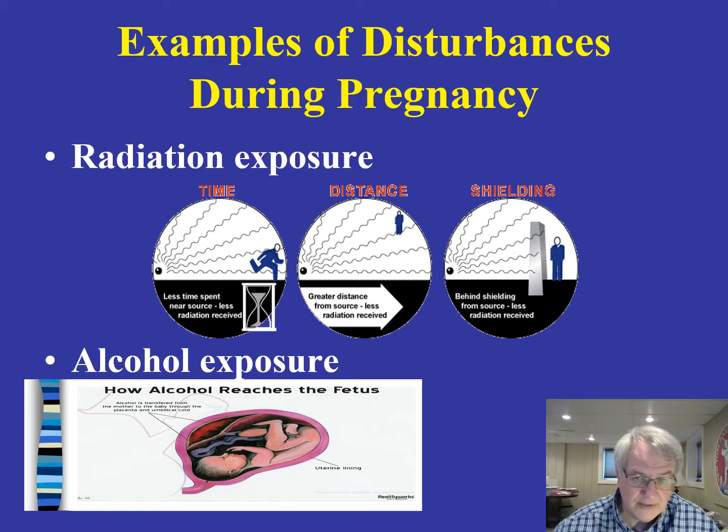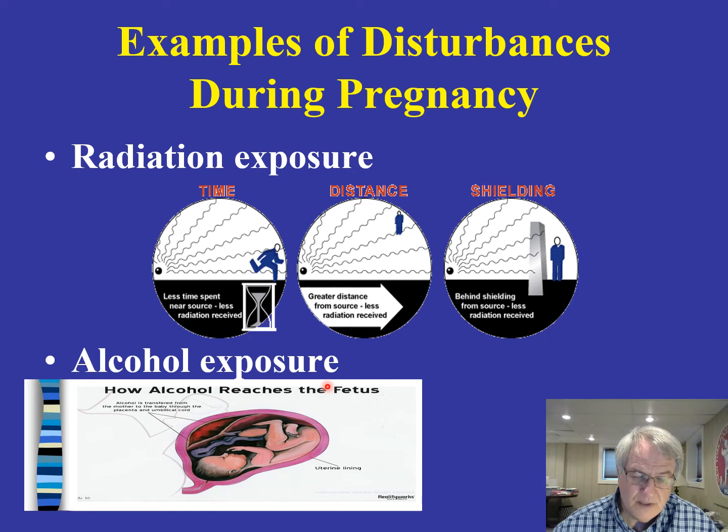We know, for example, that the amount of time that you're exposed, the distance, how close or how far you are from radiation, and whether or not there's any shielding involved, those are three really important factors that are going to determine the degree to which you may show impairments in terms of brain development.